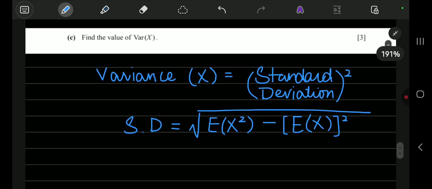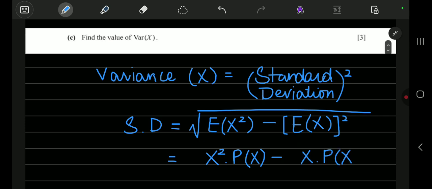Or in a more elaborate way you can write the expected value: E of x square is x square dot p of x, minus x dot p of x, which is the expected value of x, whole square.